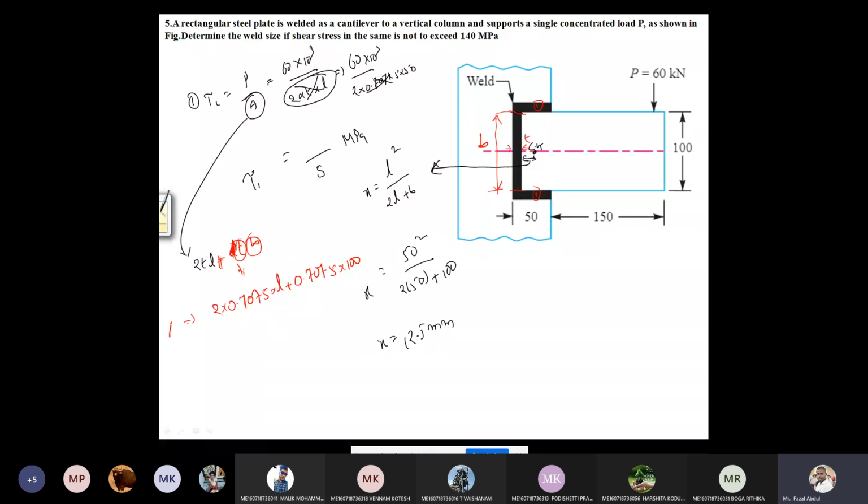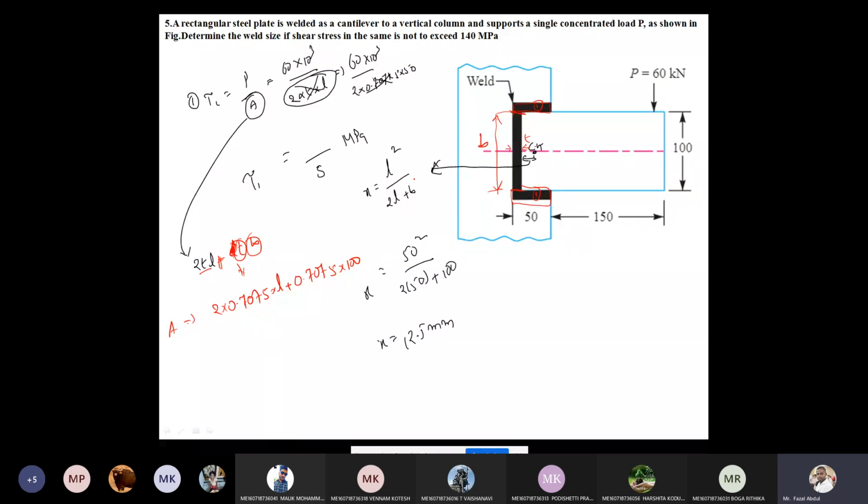So this is the area for the welded portion, because it is appearing in a C channel. If we draw one line here, it will complete one rectangle. If I draw one line here, it will complete one rectangle. So two rectangles of similar type. So that is 2 into S into 2 into T into L.